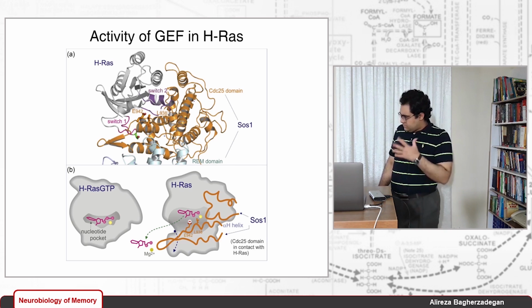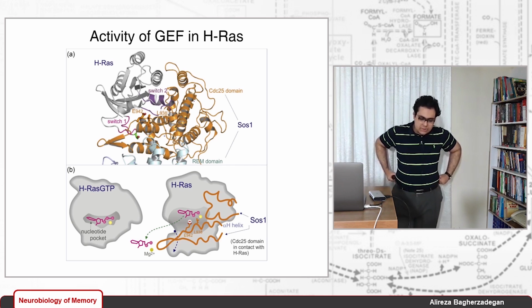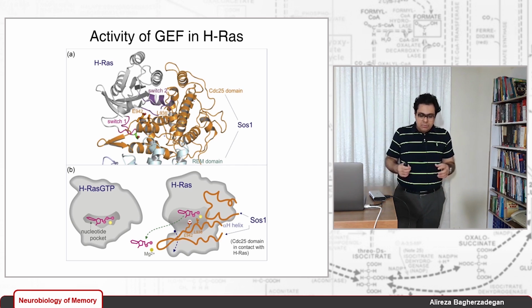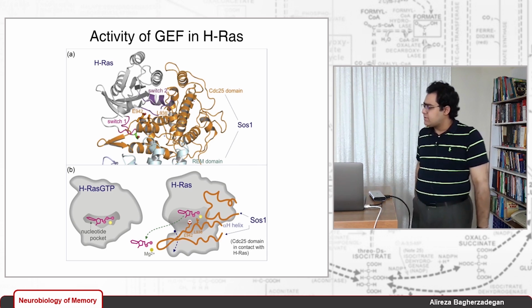And I'm interested in molecular dynamics, protein dynamics, and how they interact with each other, and how just a few amino acids catalyze a very complicated reaction. And this is fascinating, I guess.